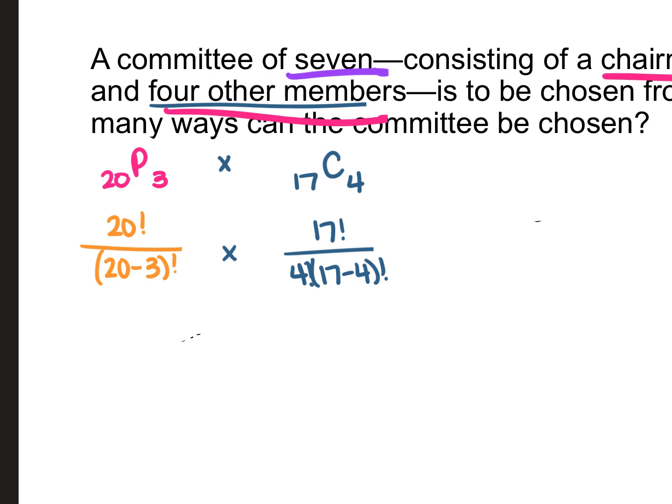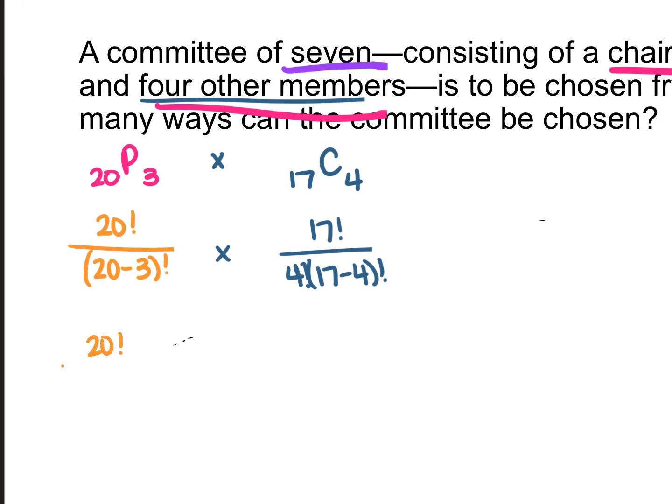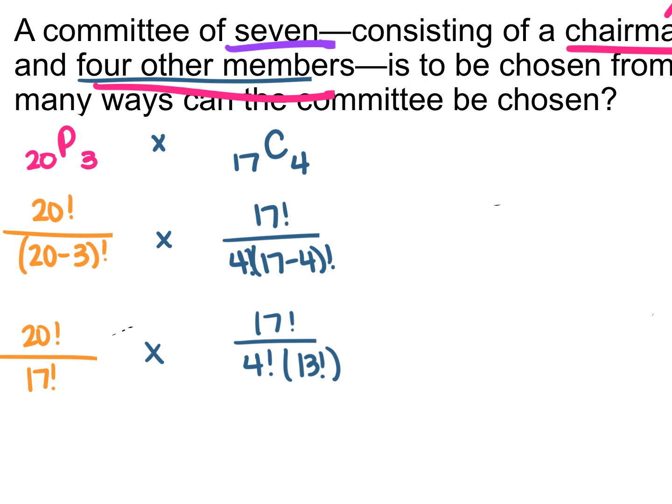So if we simplify, we're going to be doing 20 factorial over 17 factorial, and for your 17 factorial over 4 factorial times 13 factorial. So if we rewrite the one that's in orange, you're going to have 20 times 19 times 18 times 17 factorial over 17 factorial.